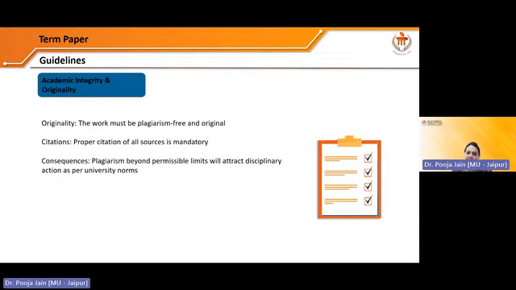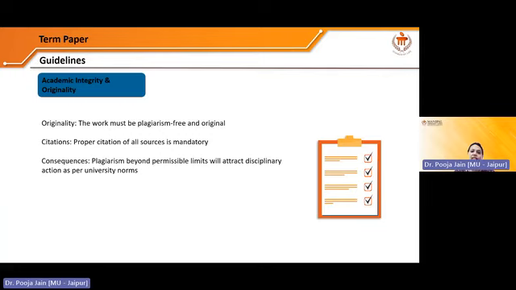You can take the data from Google Scholar, other platforms, or ChatGPT as well, but you will have to convert it into your own language so that plagiarism is not there. Copy and paste will not be accepted in the term paper. And proper citation of all the sources is mandatory.